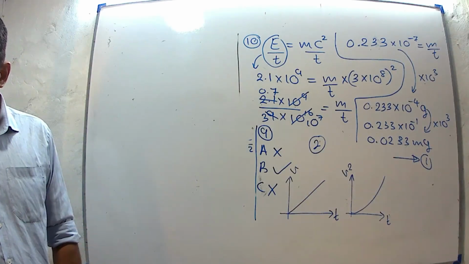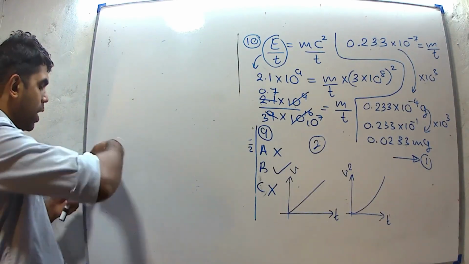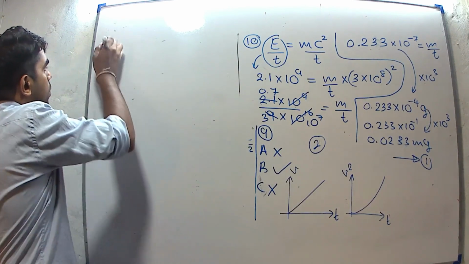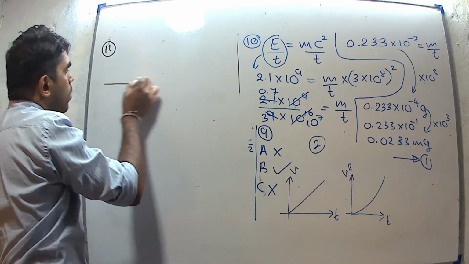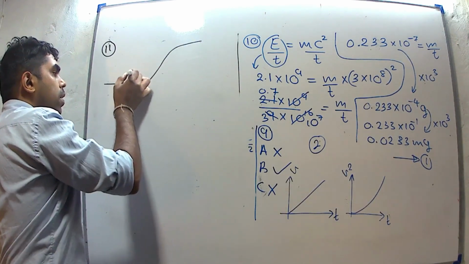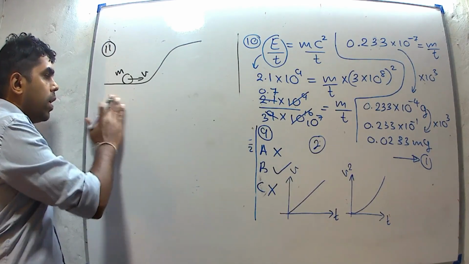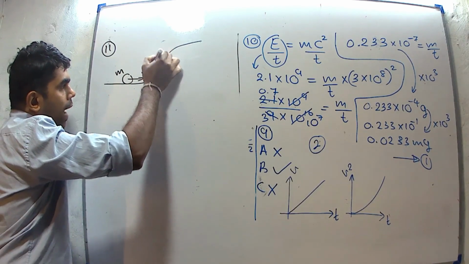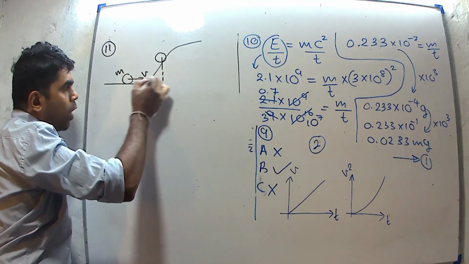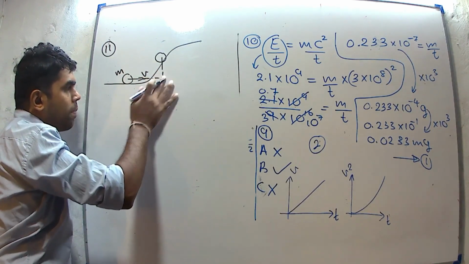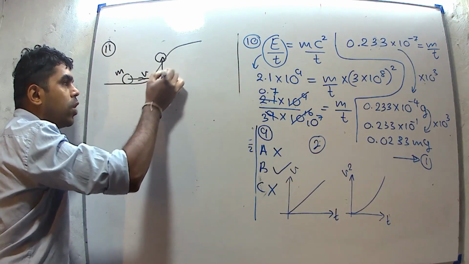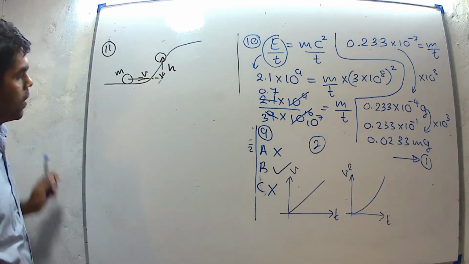Now I will consider a common situation. Mass m, velocity v. At this place, velocity is 0. It is the maximum height reached by the object.